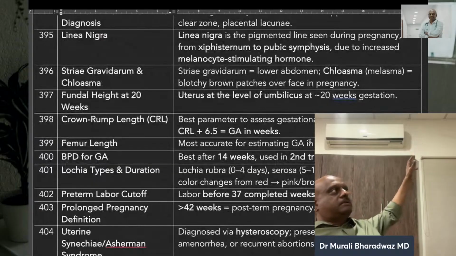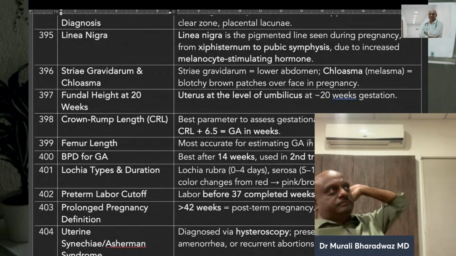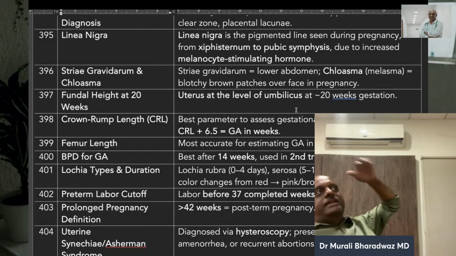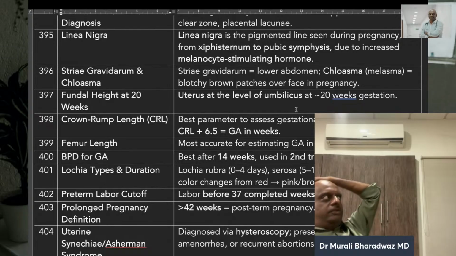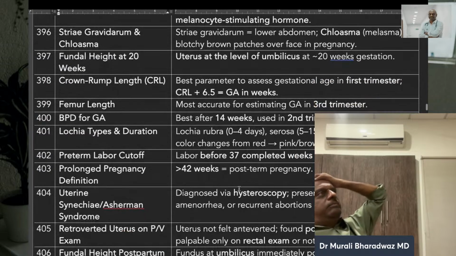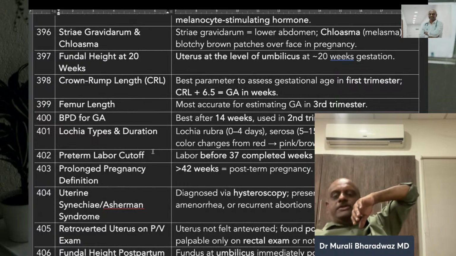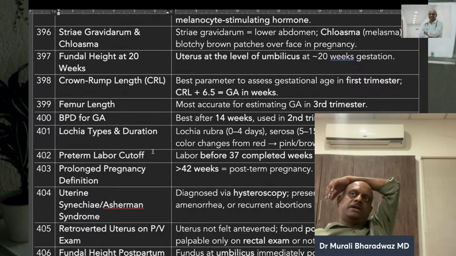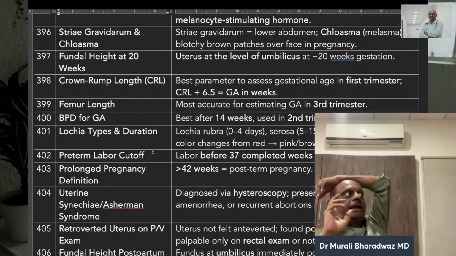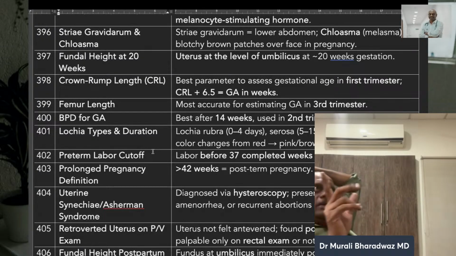Next comes fundal height. Uterus is at the level of the umbilicus by 20th week of gestation. Then, when is femur length used for estimate of gestational age? First trimester is all crown rump length and ultrasound. And femur length is the one reliable in the third trimester.